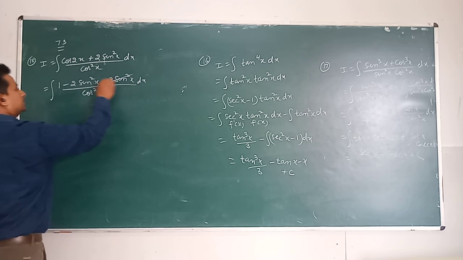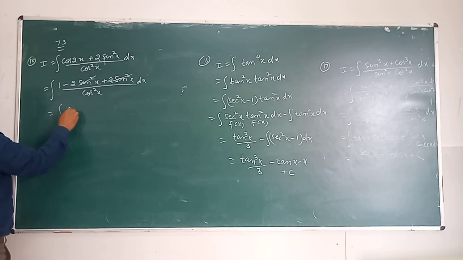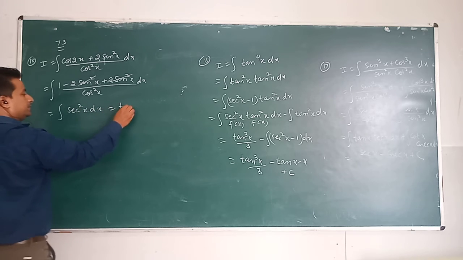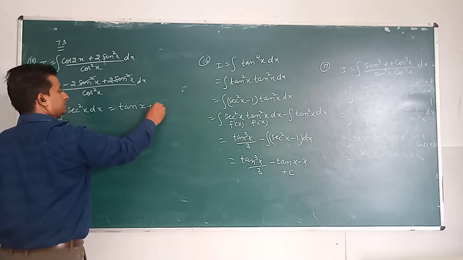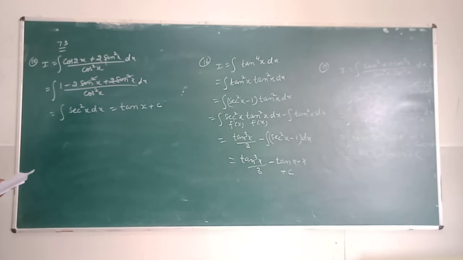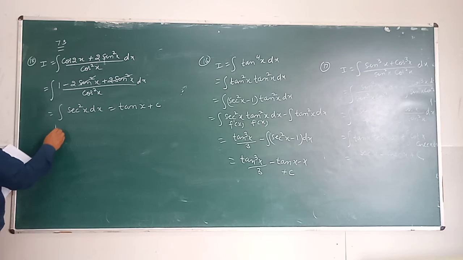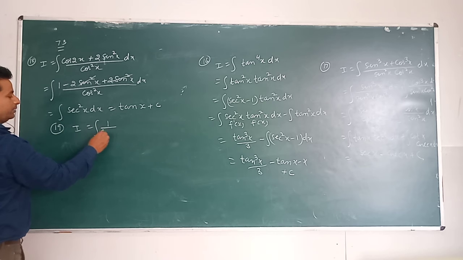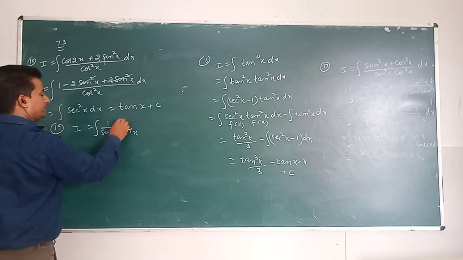Here this sin square x cancels out. This is 1 by cos square, which is secant square x. Integration of secant square x is tan x. This is the answer.